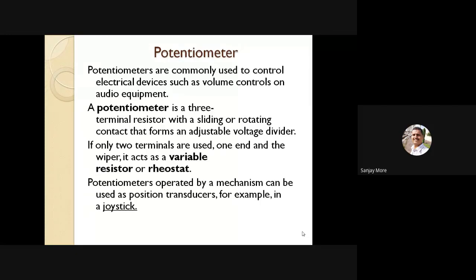And last sentence, potentiometers operated by a mechanism can be used as position transducers, for example a joystick. So this is the concept of potentiometer.